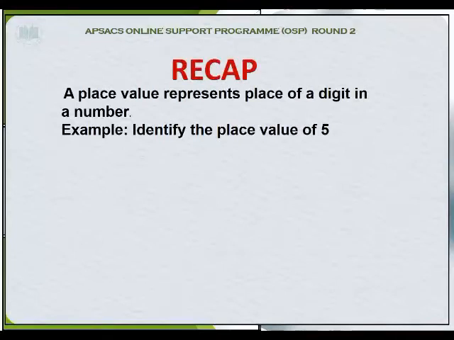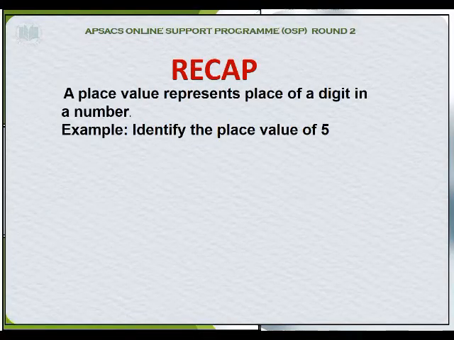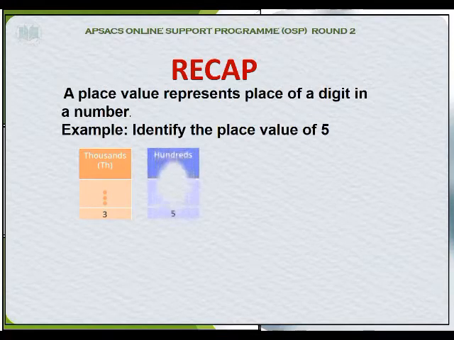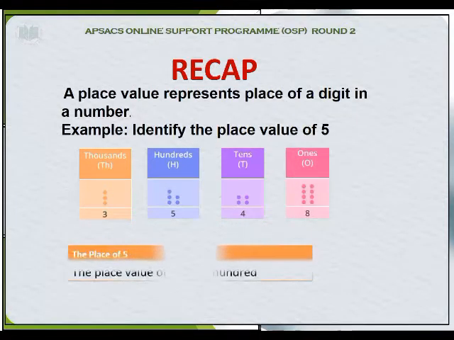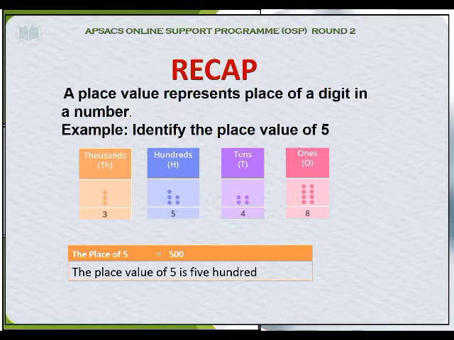Now students, let's do a recap of place value. A place value represents the place of a digit in a number. For example, you have to identify the place value of digit 5 and the number is 3548.